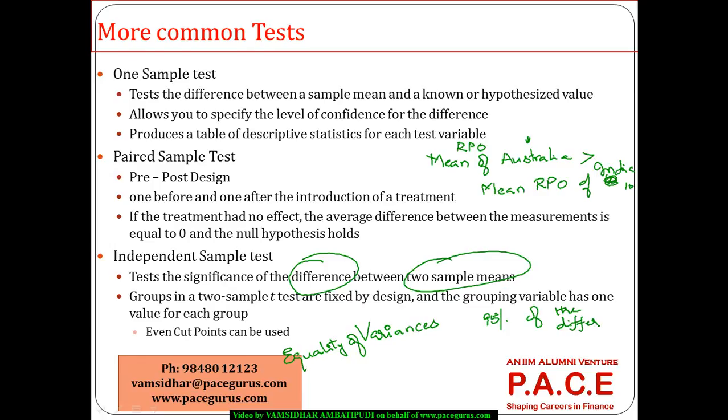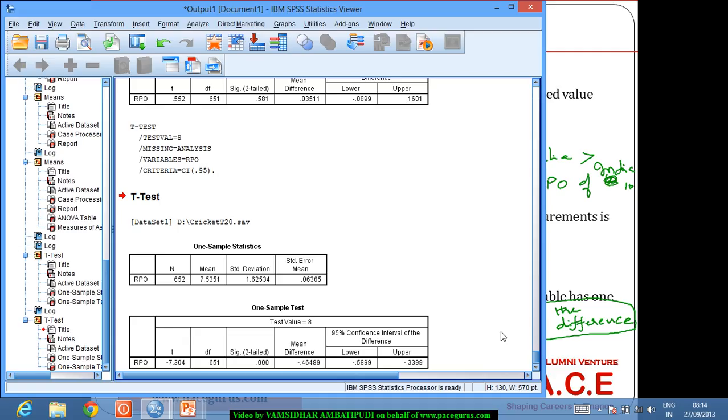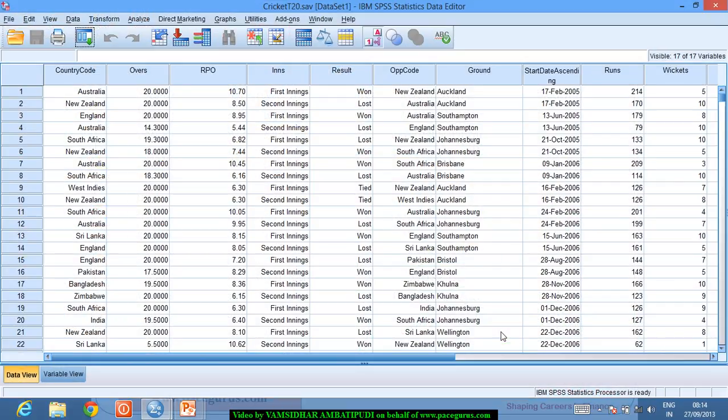What is the typical difference which can be said at a 95% level of confidence? So what do we do for that? We have already created a kind of equation scenario. So let me go back to the data and see how we execute the same.